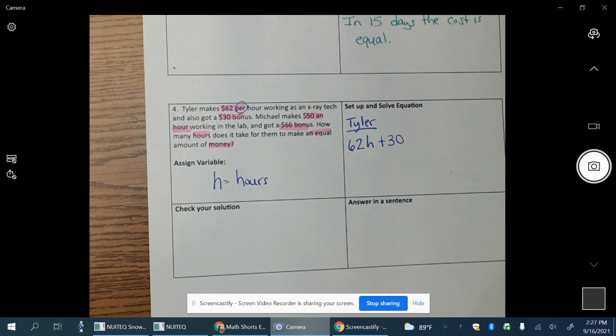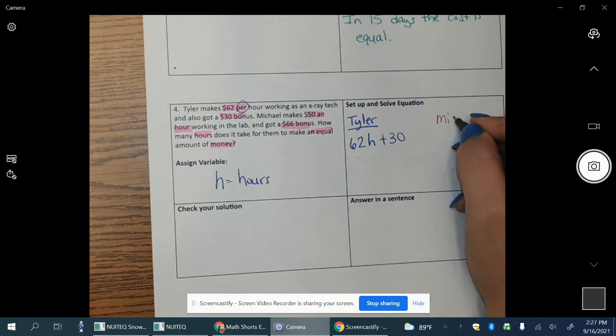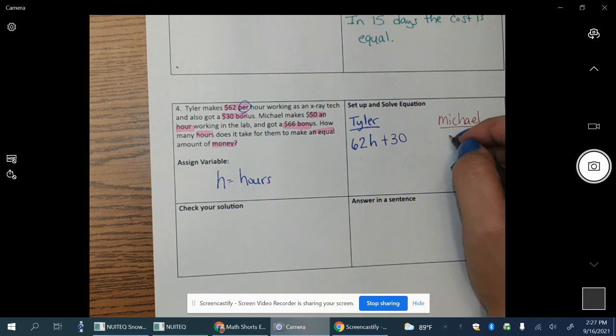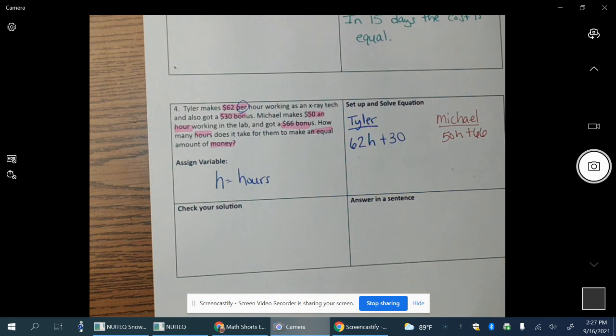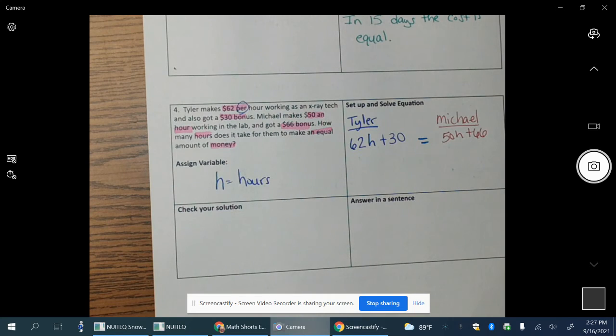Then we have Michael. It looks like Michael makes more money if he did his work 1 or 2 hours. What's Michael's rate? His rate is 50. 50H. And then what? Plus 66. And then what goes between them? Equal. We want them to be the same. So this answer is 3.